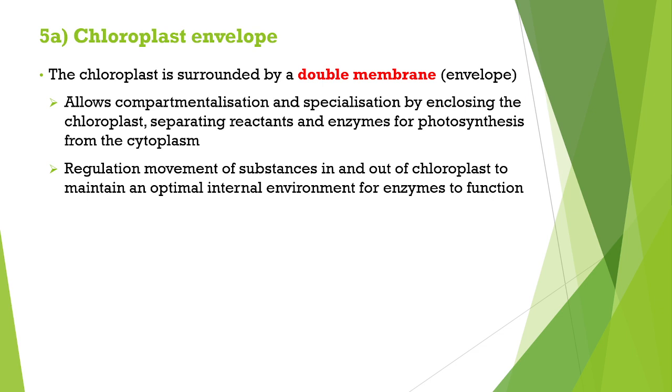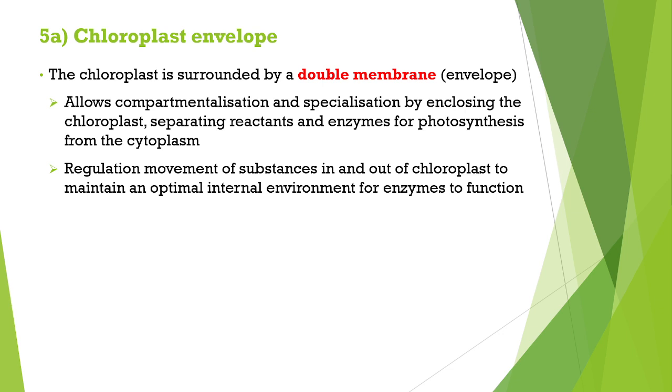The chloroplast envelope, a double membrane, is important to regulate the movement of substances in and out of the chloroplast. So ATP cannot leave the chloroplast because the chloroplast envelope is not permeable to ATP, for example.